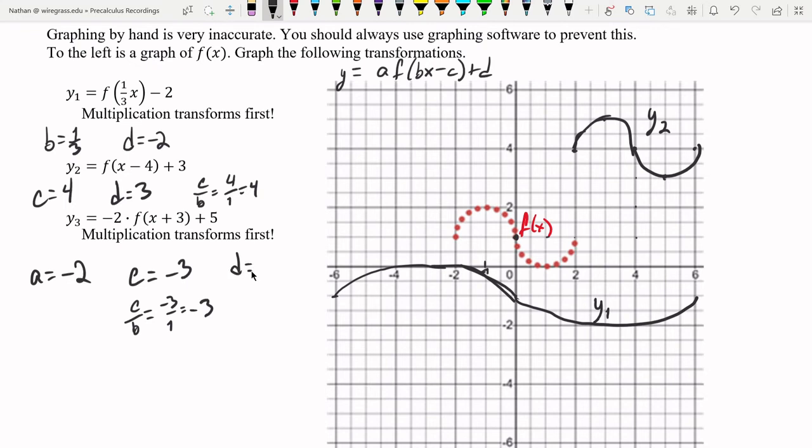And then d is +5, so shift left 3 units and then up 5 units. Okay, let's do the multiplication transform first. We're going to flip it first, so this point here goes down to right here. And then it gets stretched by a factor of 2.